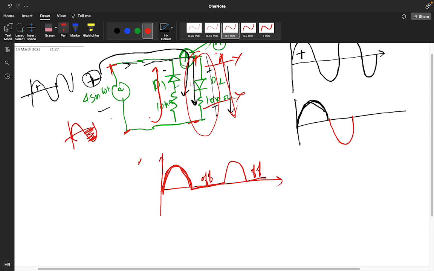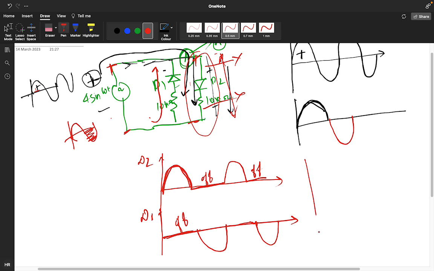If you go for D1, in the positive half cycle it is off and it follows the negative half cycle, so the voltage will be like this. This particular graph represents a half wave, right?